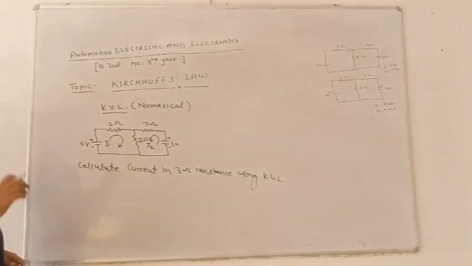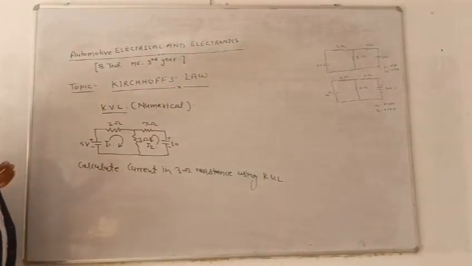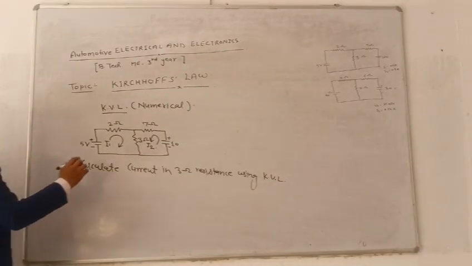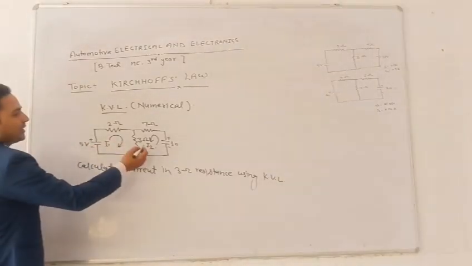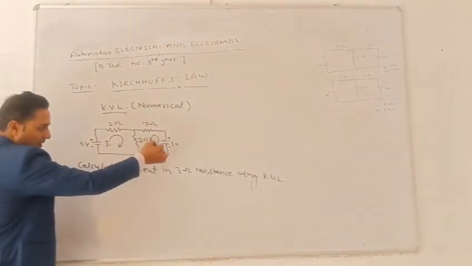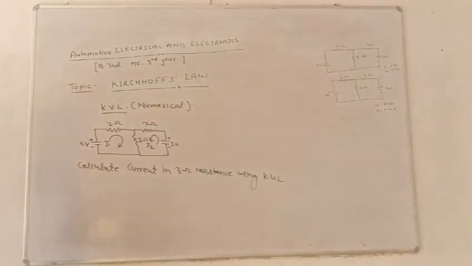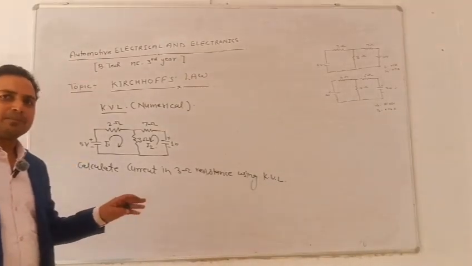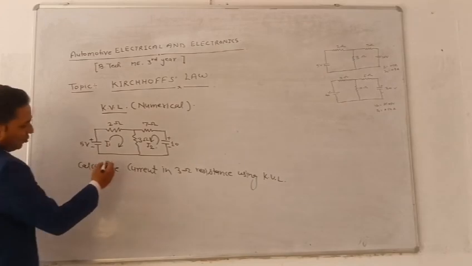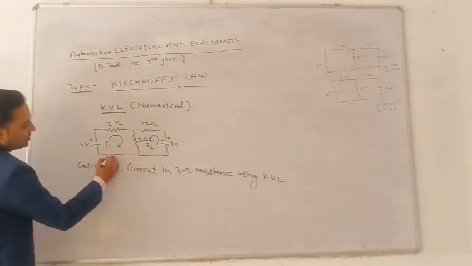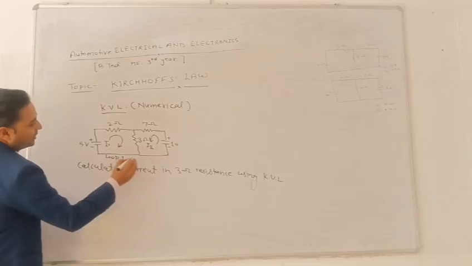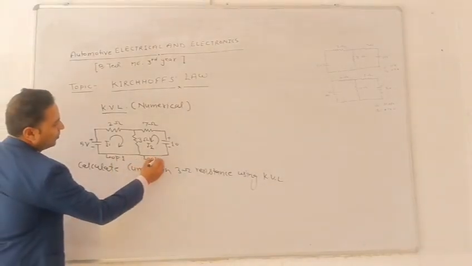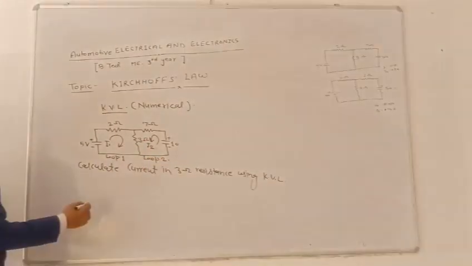You are free to take any direction, the answer will be the same. You can also take the reverse direction, but the answer will be the same. So loop first, and loop second.